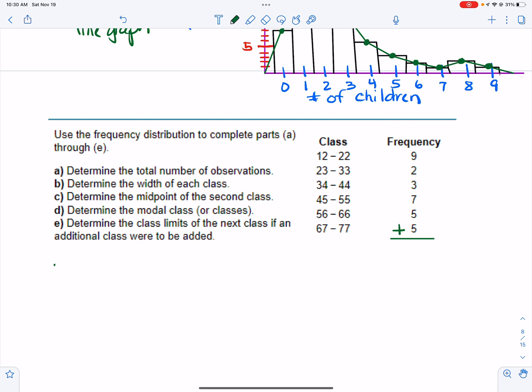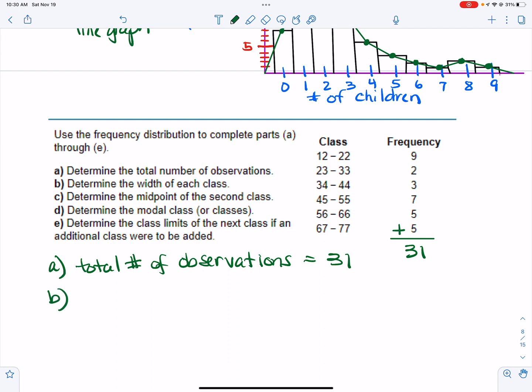So for A, that's 10, 20, 22, and 9, that would be 31. So the total number of observations is 31.